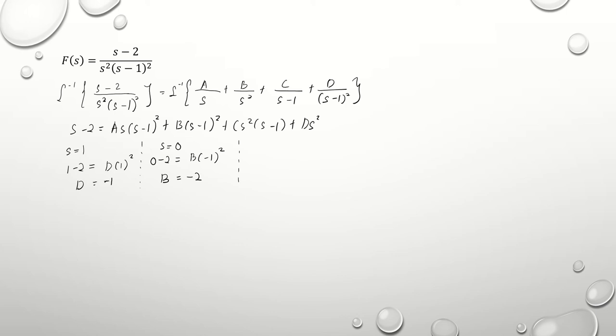Then for A and C, what you need to do is compare the coefficient of s cube, s square, or s. First we compare the equation of s cube. This part we don't have s cube, so 0. Then this one, we got A here, A s cube, and this one we got C here. So that is the first equation.